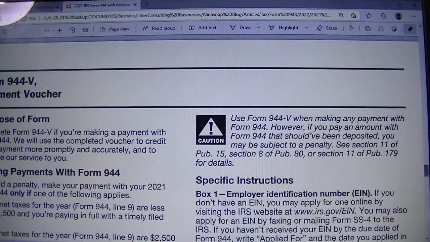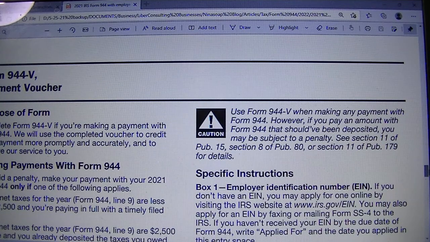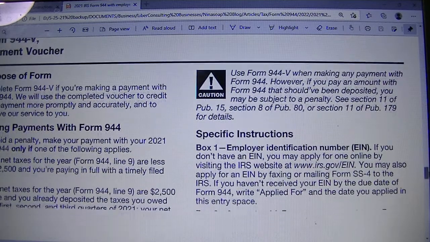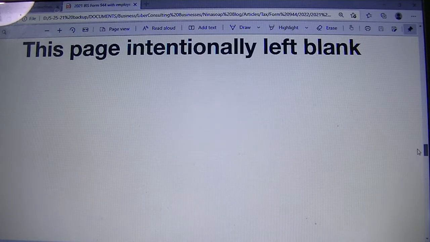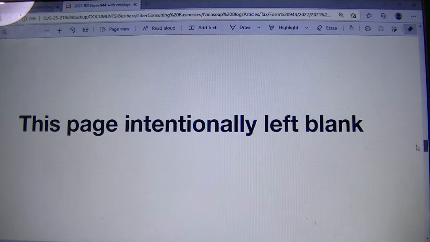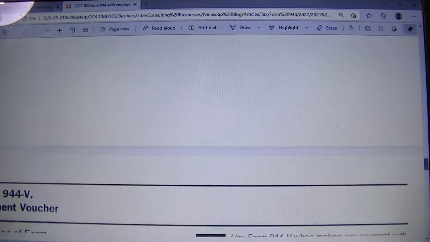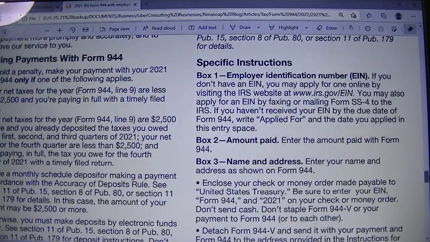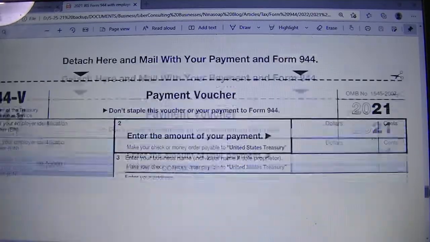Don't staple the voucher to your Form 944. Do not staple Form 944-V to Form 944. Staple the Form 944 pages together up to this page intentionally left blank. Then cut the voucher out.